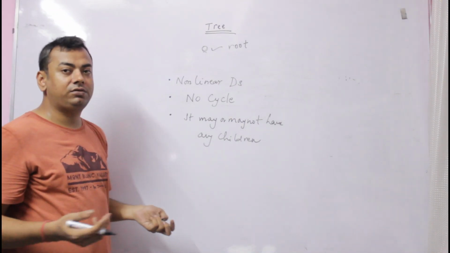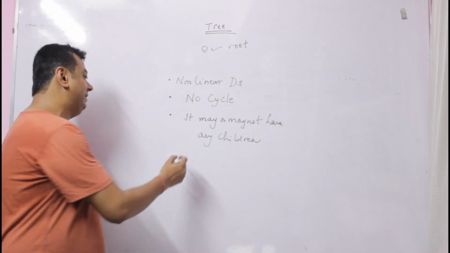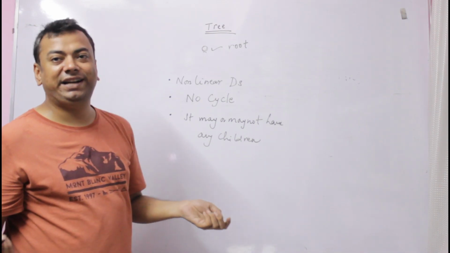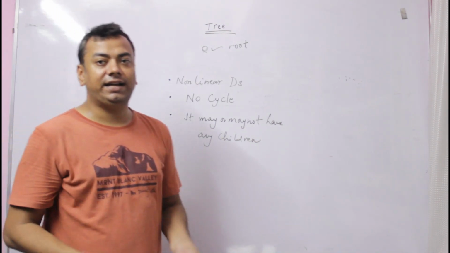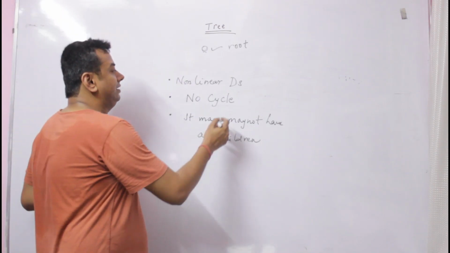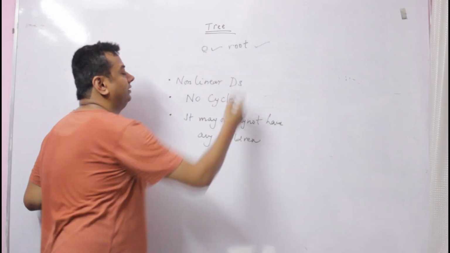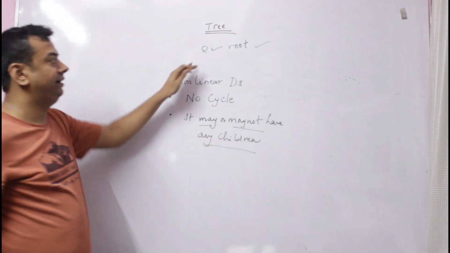Some textbooks also suggest that if you have no node, then it is called an empty tree. If you have no node, why would we call it an empty tree? I don't understand. So I assume it must have a root and it may or may not have any children.